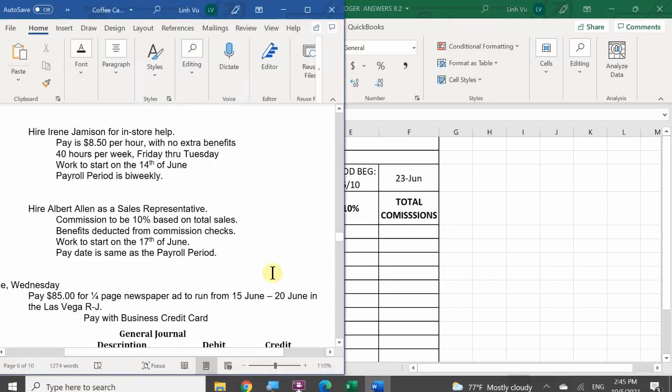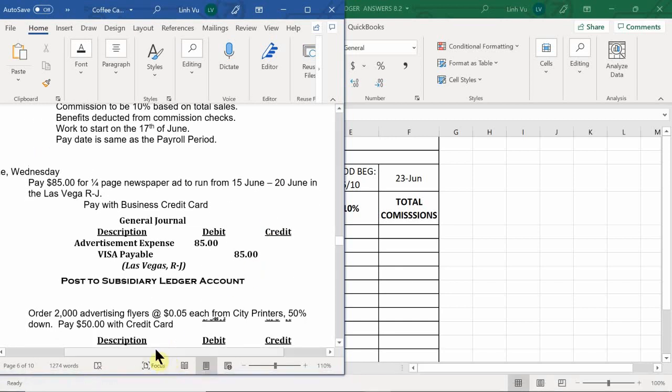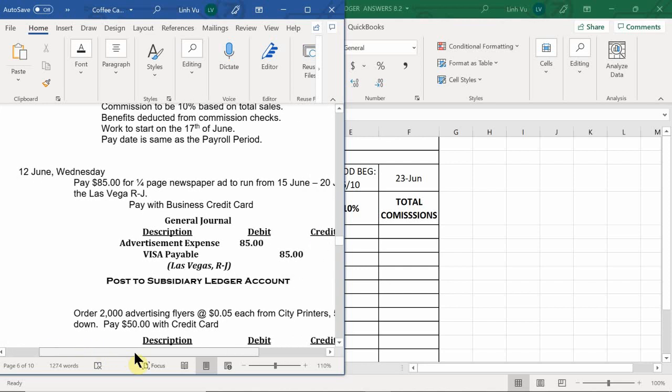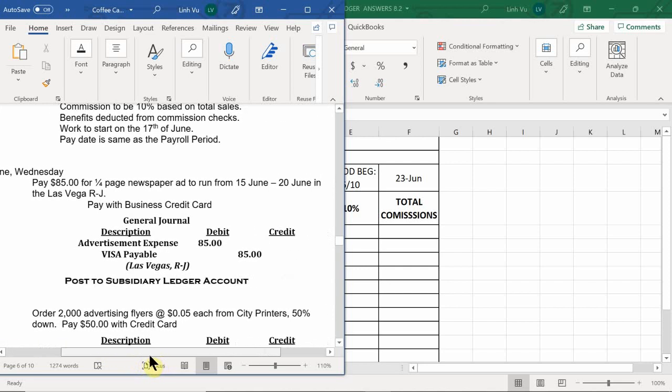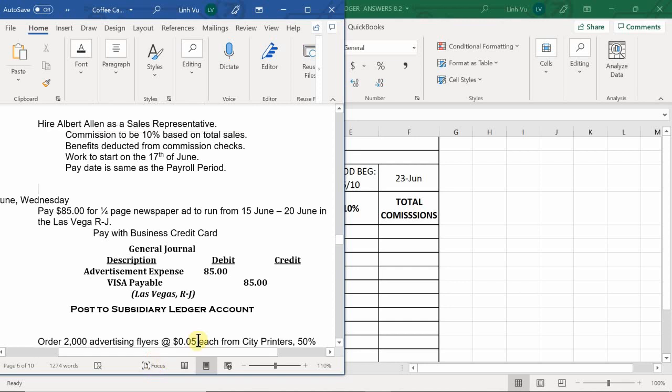So on the 12th, pay $85 for a quarter page newspaper advertisement. You buy a quarter page of newspaper. So we bought an ad to run in the local newspaper so we can attract customers and let them know that we are a grand opening store.